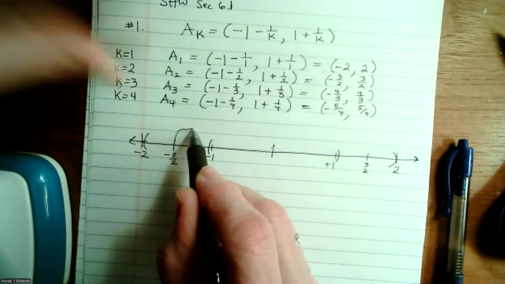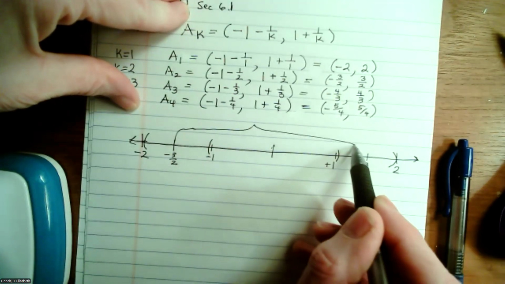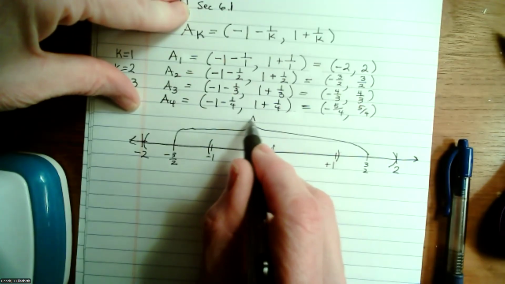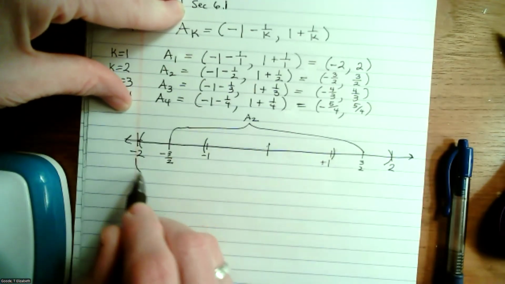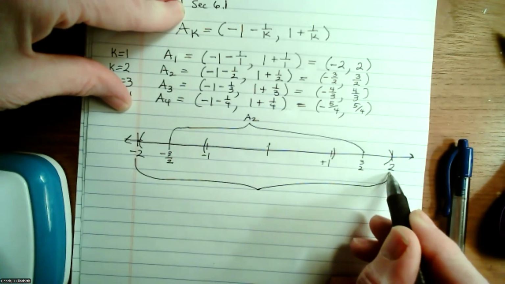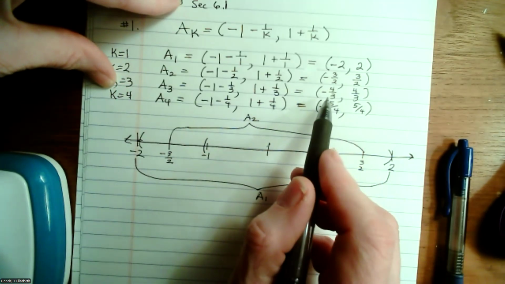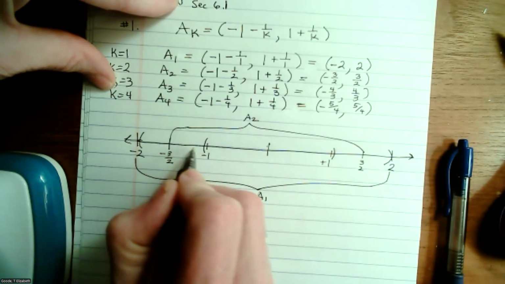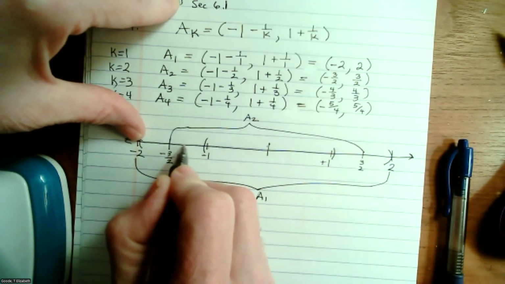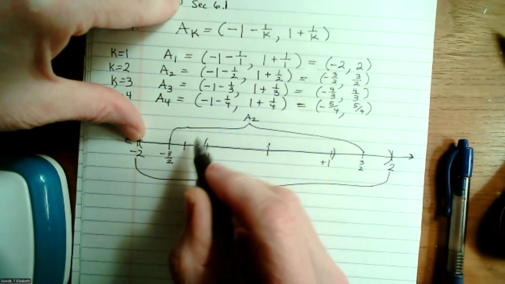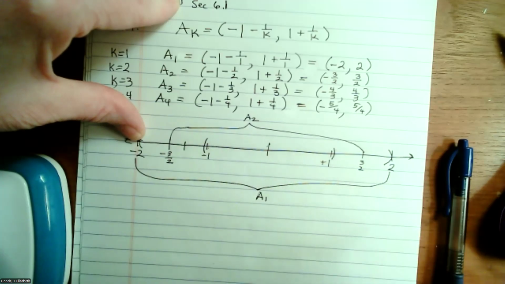So that one is inside A1. A1 is the big one. But then -4/3, well, it's a third more, right? So it's like here and here.